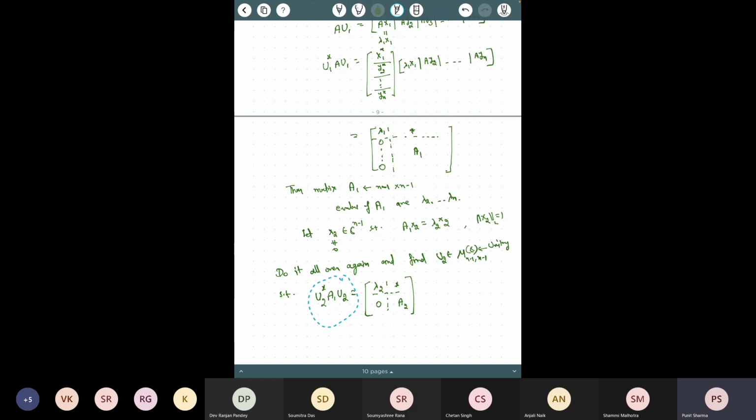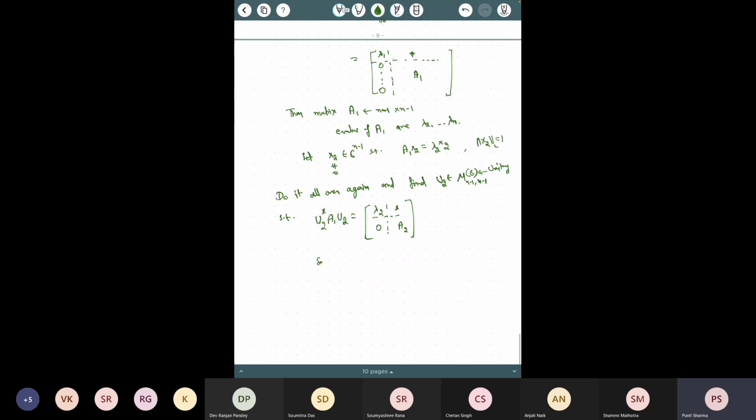So what I would do here is set a matrix using this U2. I would set V2, let's say, of this form. The first entry is 1, other entries in the first row are 0, and also in the first column are 0, and then U2, this matrix here. Now this is n cross n because U2 is of size n minus 1 cross n minus 1.